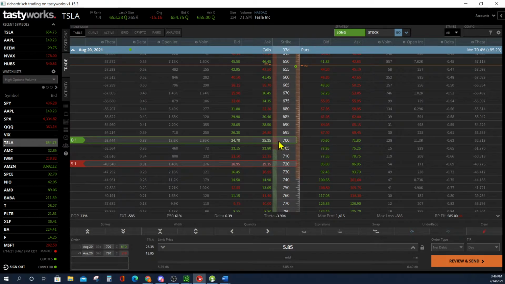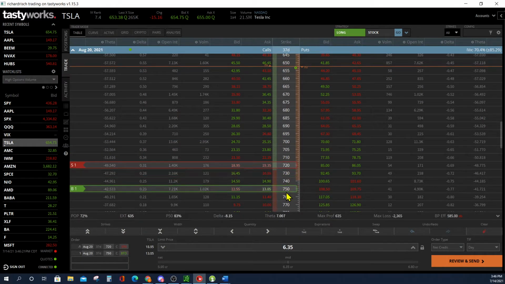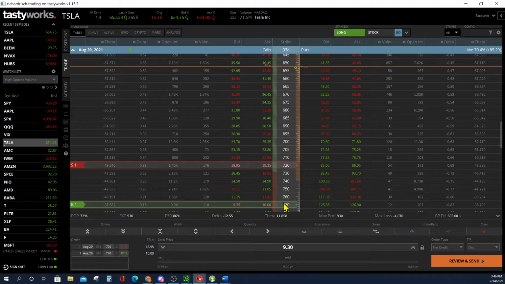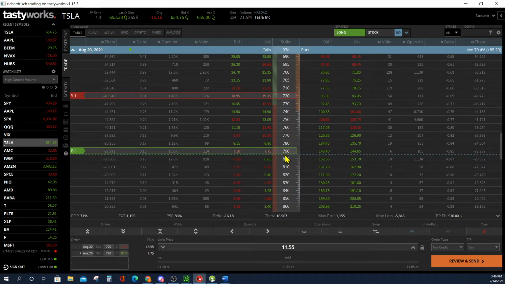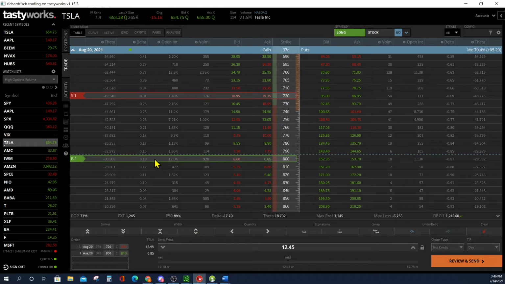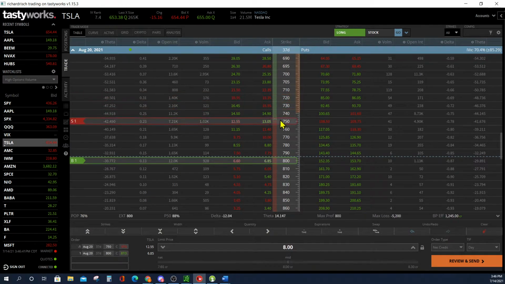As an example, let's say we want to go to 800 here. That's only a 13 delta, but you're getting a cheap premium, right? And you're at 13, you're going to want to get a 8 spread, so you can close that down for 300 bucks.